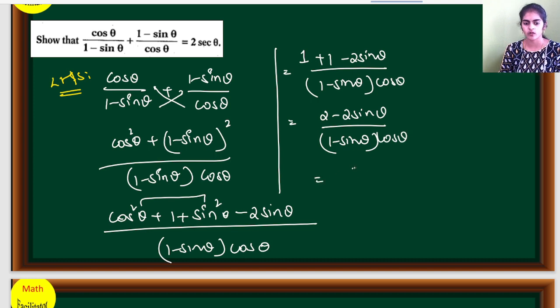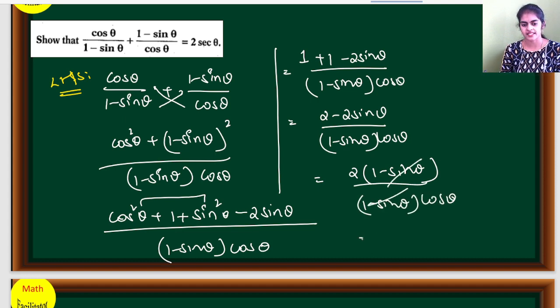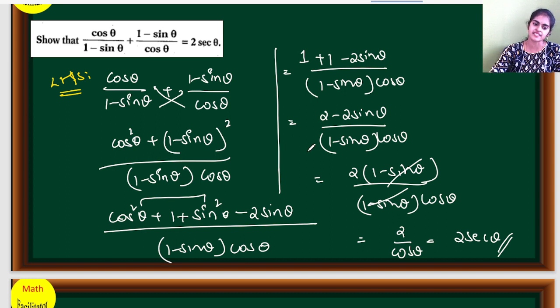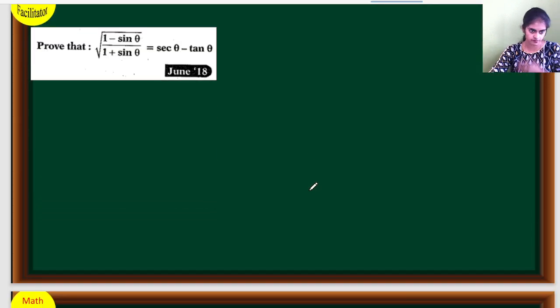So that is again equal to, taking 2 common from the numerator, 1 minus sin theta comes, and in the denominator 1 minus sin theta. So both will get cancelled. See, these two are cancelled. So you have 2 by cos theta. 2 by cos theta I can write as 2 secant theta. 1 by cos theta is secant. So that is your RHS. Clear? So simple LCM, trying to find the identity, take the identity, if anything common comes, see and cancel it. Okay.